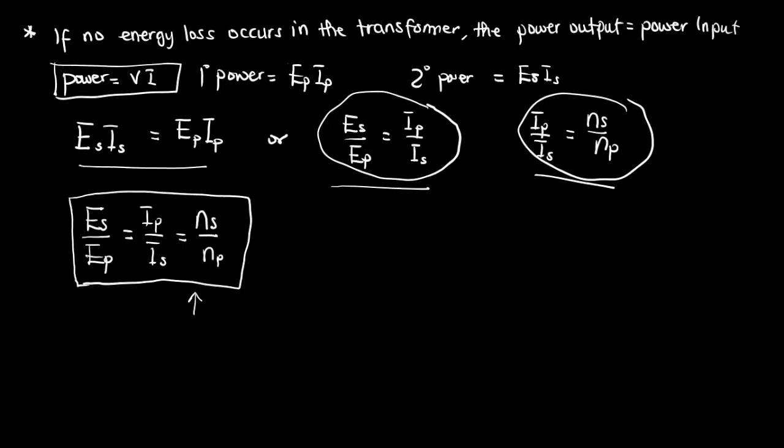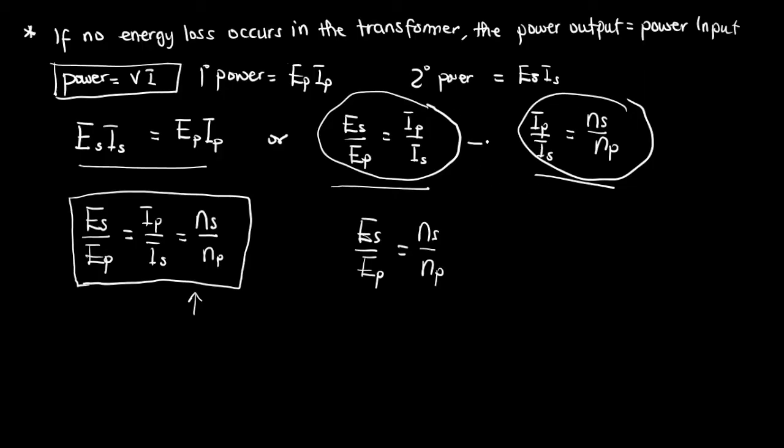You can see ES at the top here, NS at the top here, EP at the top here, NP at the top here. So if I want to write this in another way, I can write ES over EP is equal to NS over what? NP. Because they have this in common, it means this is also equal to this.